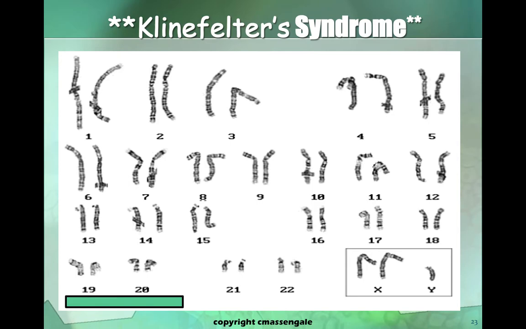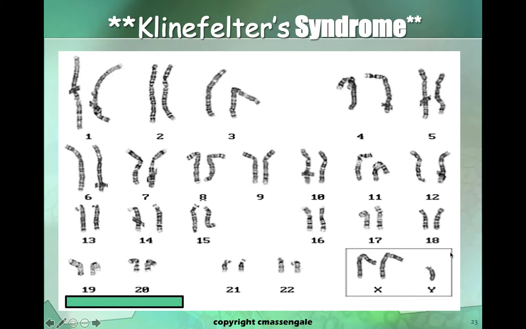So Klinefelters, it's another type of trisomy, and we don't call it trisomy 23 or anything like that. It's just known as Klinefelters. If you look at the autosome pairing from 1 to 22, you'll notice that each one of those is only paired together in couplets. So that means that this is not going to be an autosomal disorder.